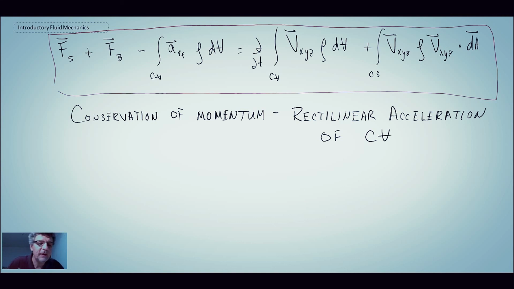And when you look at this, when we looked at control volumes moving at constant velocity, we made a modification: velocities had to be with respect to the control volume that was moving. The modification that we made here for acceleration is this term, and so that's a new term that we need to deal with when we do the analysis. So in the next segment, we're going to take a look at a problem involving a rocket, and we're going to apply this new form of conservation of linear momentum to an accelerating control volume.